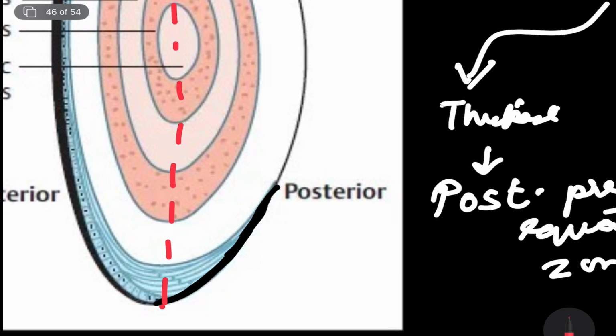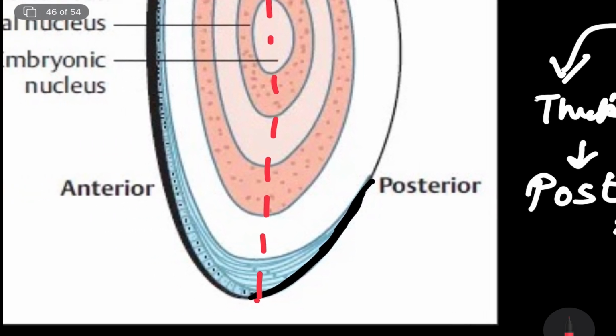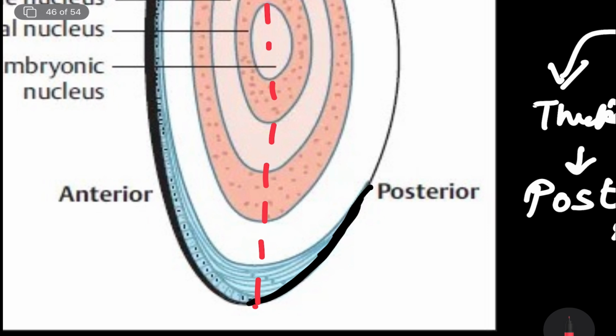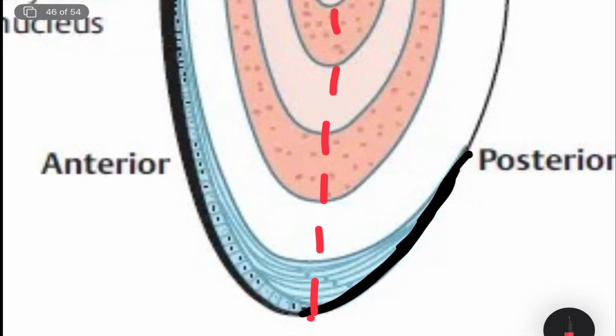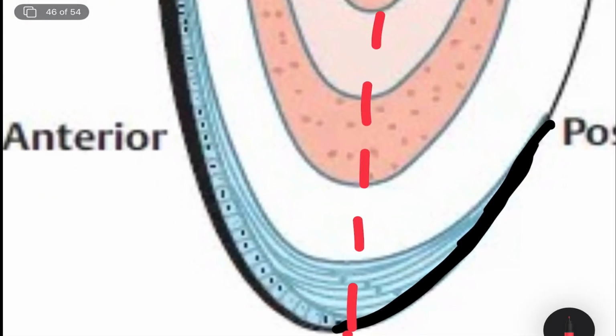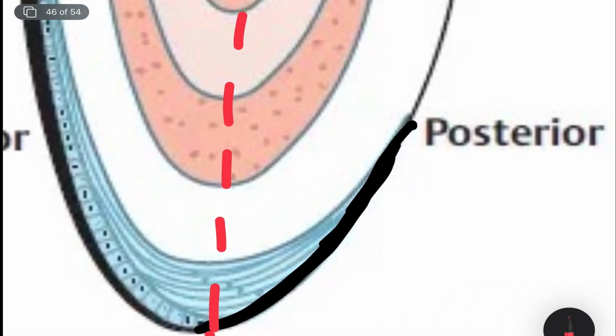That is why it is the posterior pre-equatorial zone. Just like the posterior pre-equatorial zone, there is another part that is the anterior pre-equatorial zone over here. This part over here will be the anterior pre-equatorial zone. This over here will be the posterior pre-equatorial zone.